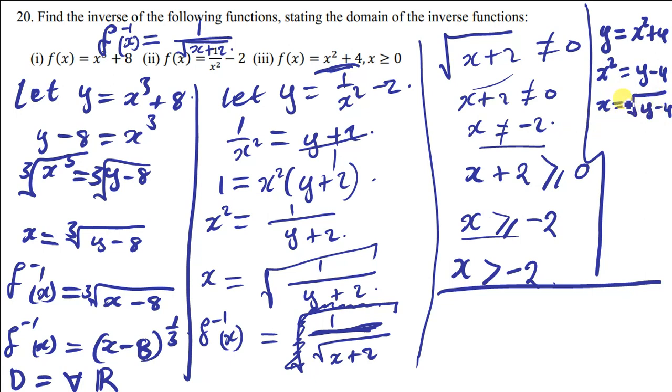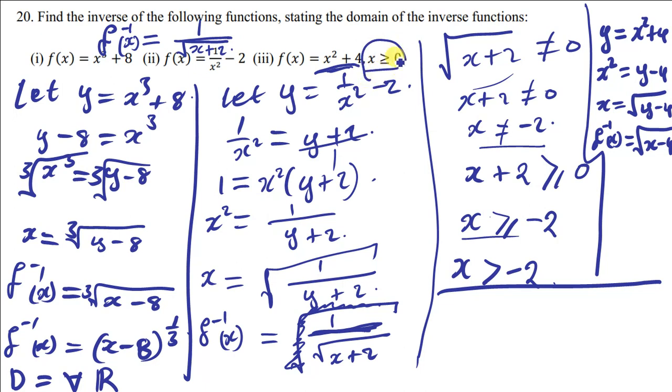So in other words, f inverse of x will now be equal to the square root of x minus 4. Here we are given the condition that all the values of x you are putting into this function should be greater than or equal to 0.